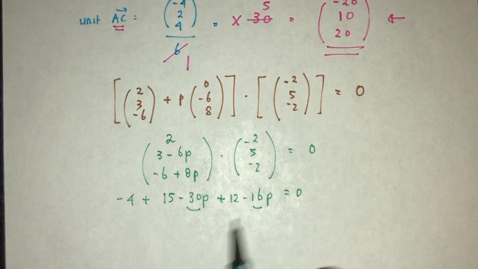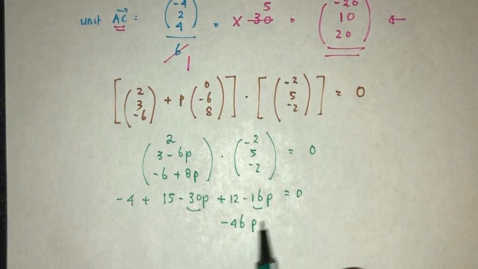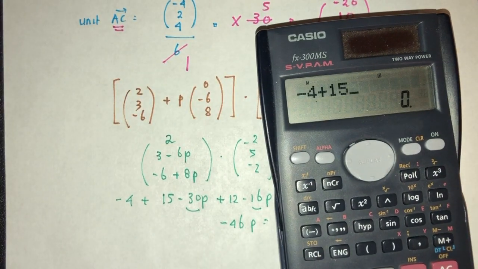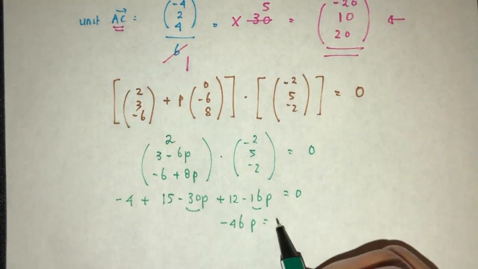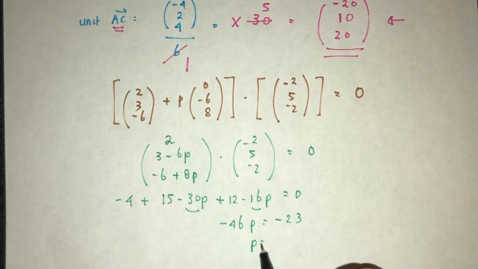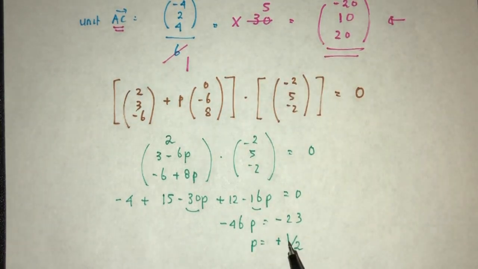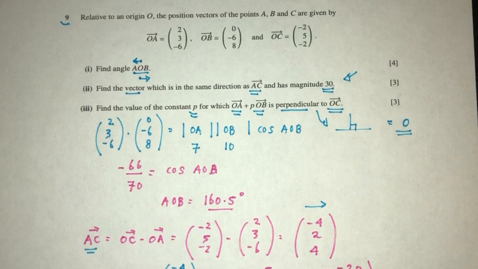So this and this will be -46p. And sending everything over here, you will have -4 plus 15 plus 12, that should be 23. So p will be the value of half, because this divided by 46 is half, right? This is p as your answer for part 3 of the question in regards to vectors.